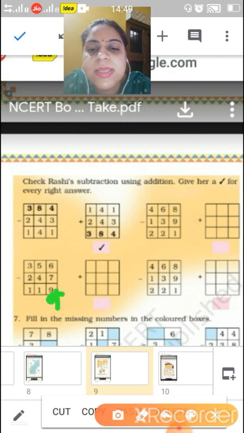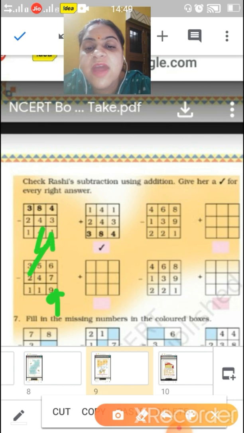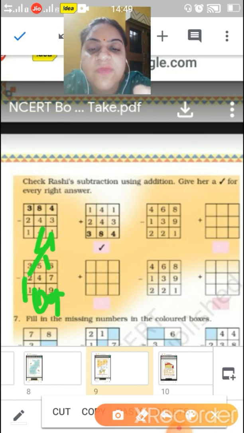Now 9 is here. Now 4 minus 4, it is 4 now, not 5, because they have given a carry to 6. 4 minus 4 is 0 and 3 minus 2 is 1.